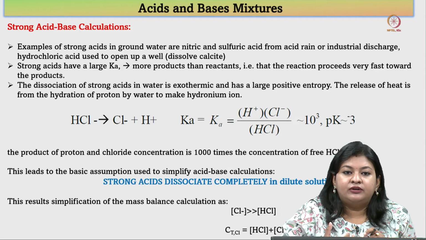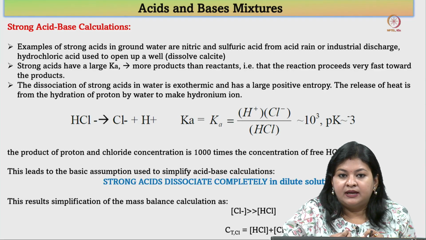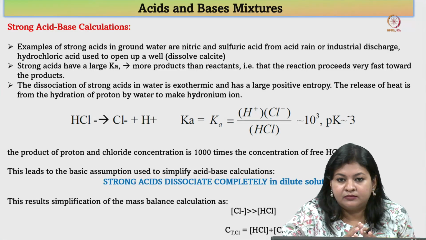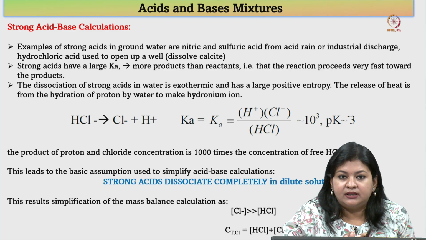HCl is a very strong acid, so there will be a higher Ka value and there will always be more products than reactants. All the reactants will be dissociating, and that means the reaction proceeds very fast to the product side.